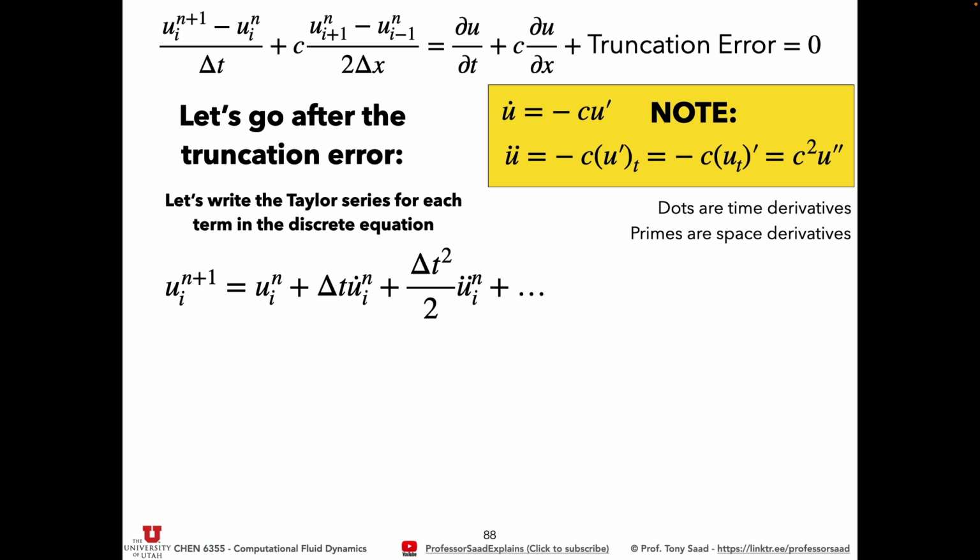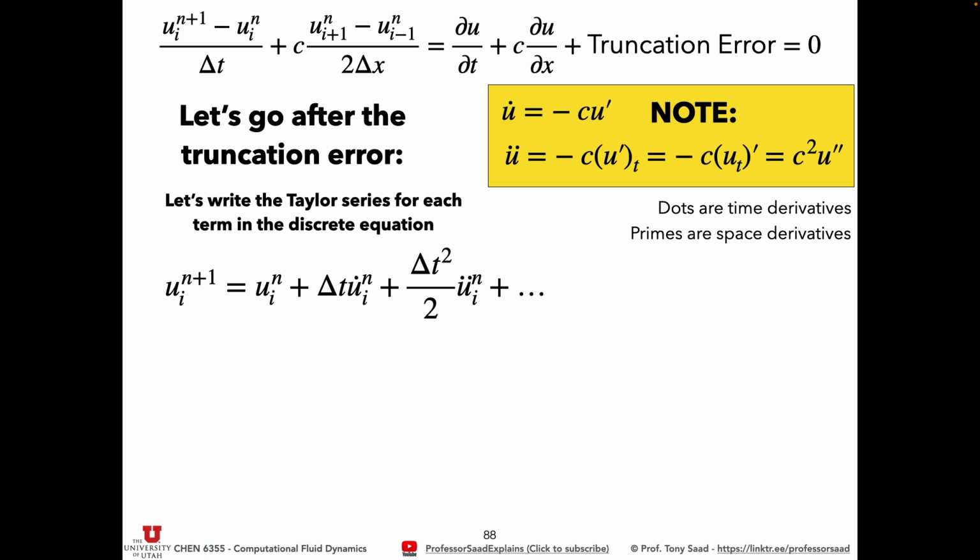We're going to take this discrete equation and take each term and rewrite the Taylor series for it around point i and n, okay? So u_i at n plus 1 is u_i at n plus delta t u dot_i at n, so that's du by dt, plus delta t squared over 2 u double dot plus a bunch of other terms.